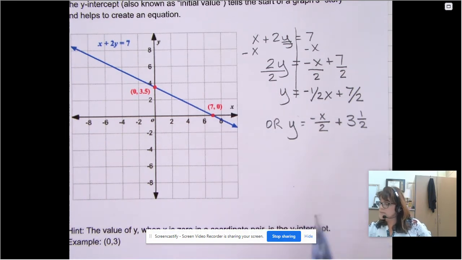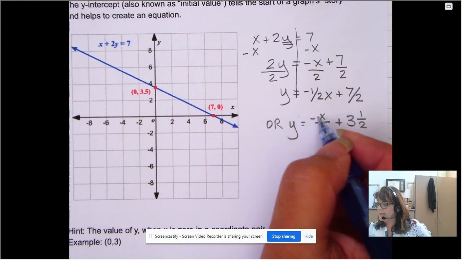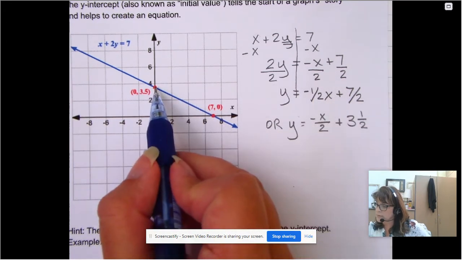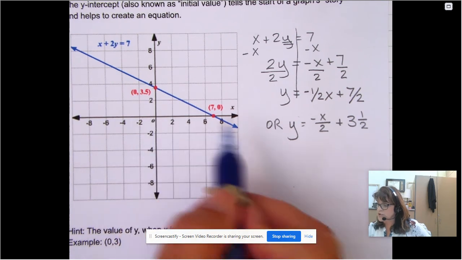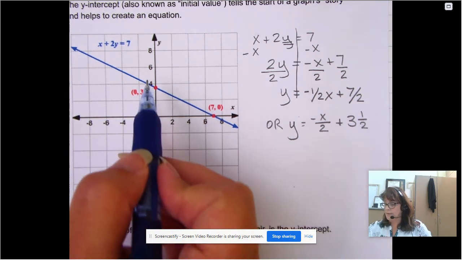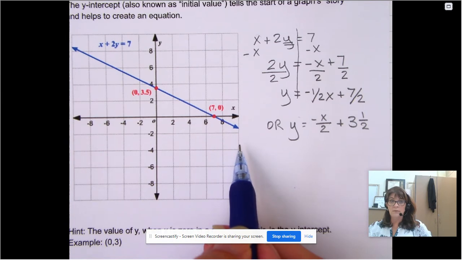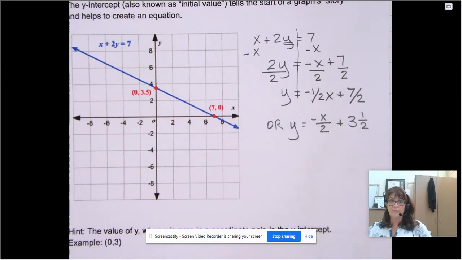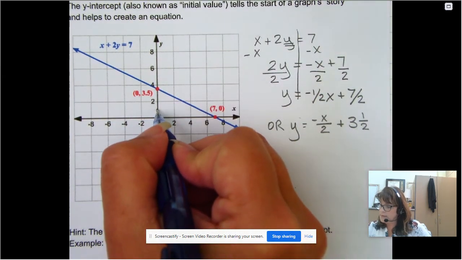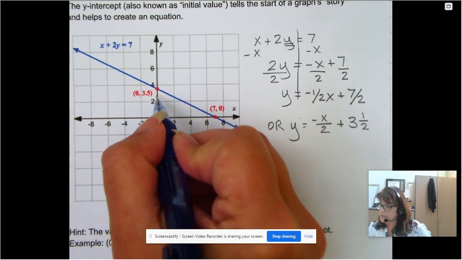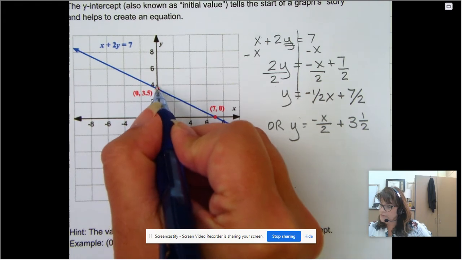Notice when that happens, I have a slope of negative 1/2. If you calculated this, it would show a slope going downhill 1/2. It also says that it's going to cross the y-axis at 3.5. 1, 2, 3, not quite to 4.